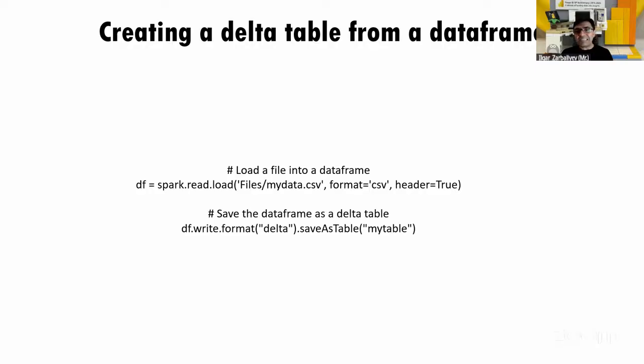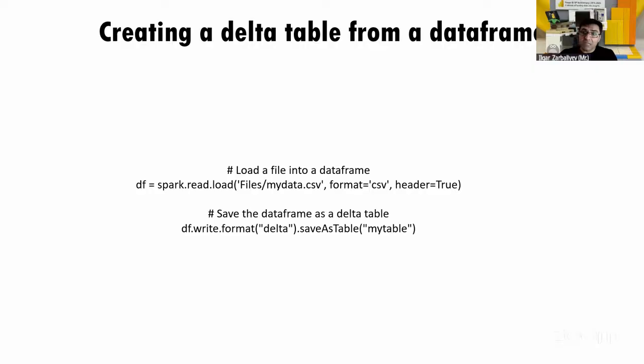One of the easiest ways to create a delta table in Spark is simply to save a data frame in the delta format. Here we load a CSV file into a data frame. And then write that data frame out, specifying the delta format and table name. So note what happens as a result.